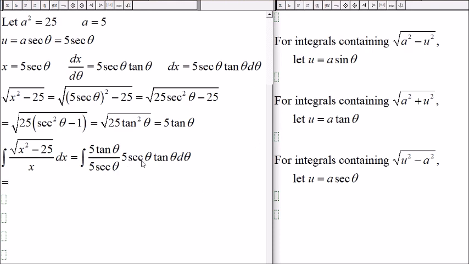And notice that this 5 secant theta and this 5 secant theta cancel out. And what's left is 5 tangent theta times tangent theta, which is 5 tangent squared theta.